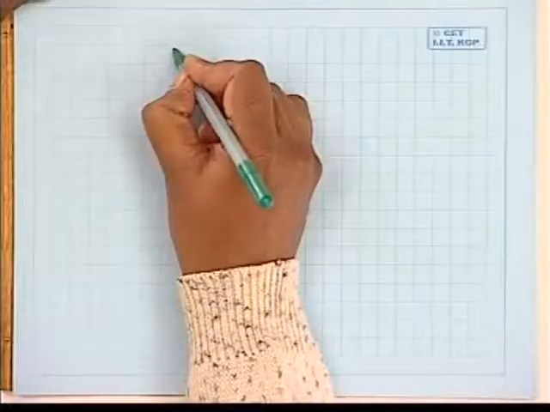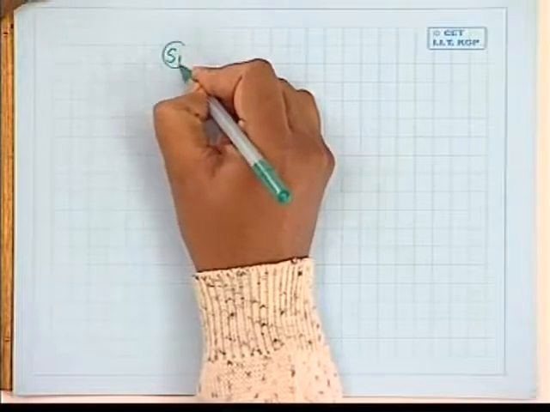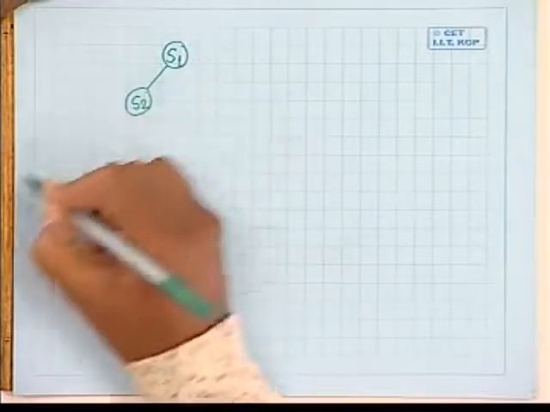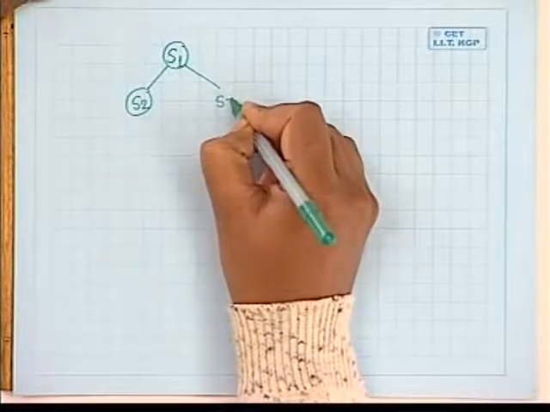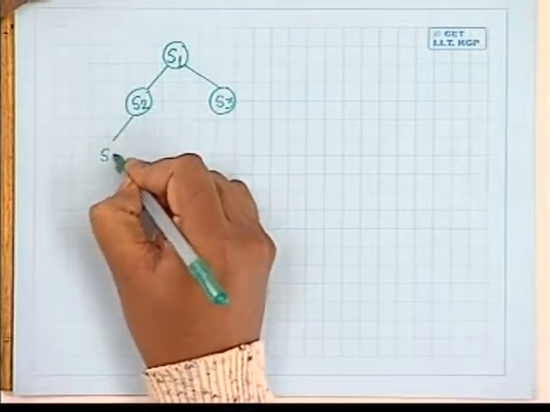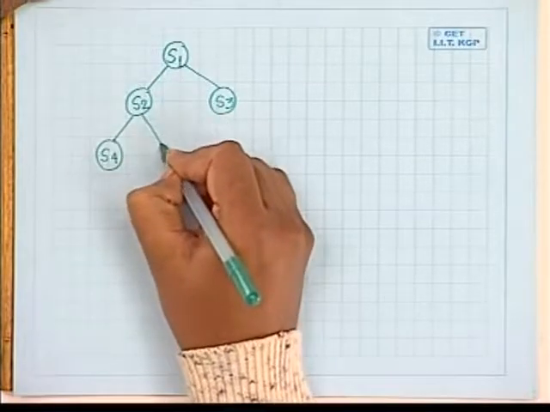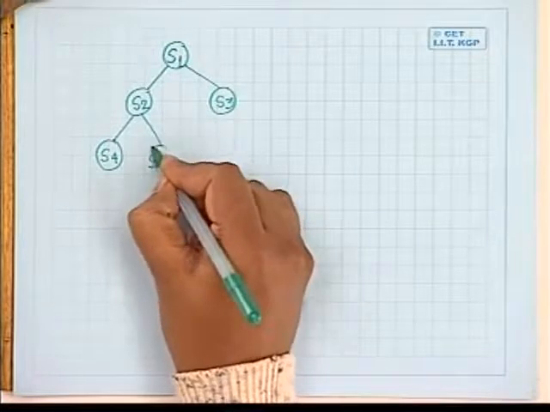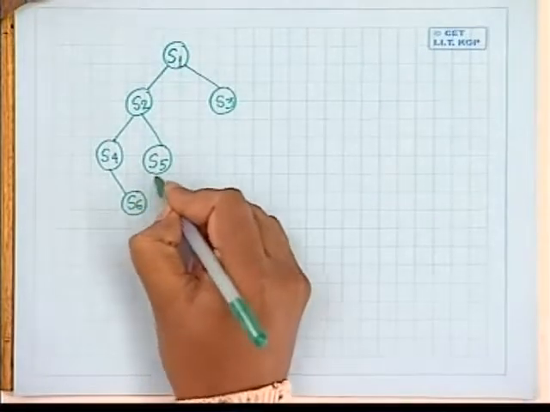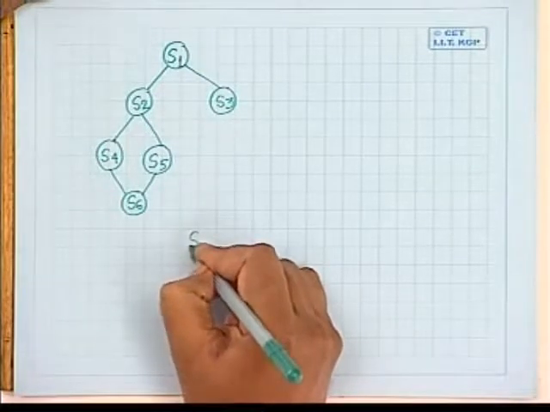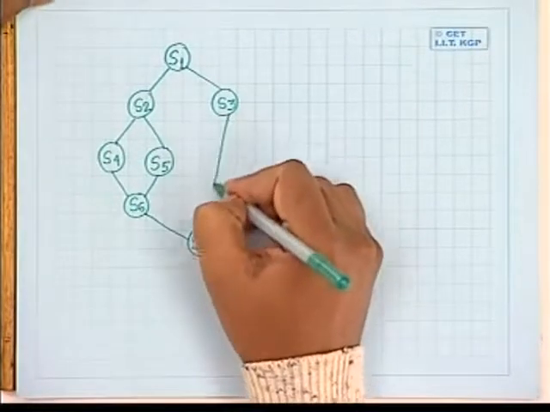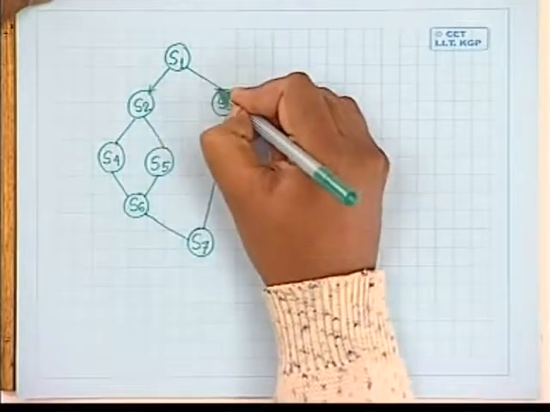I take a very simple precedence graph like this, say S1, S2, S3, S4, S5, S6, then S7. So this is the precedence graph that we have.